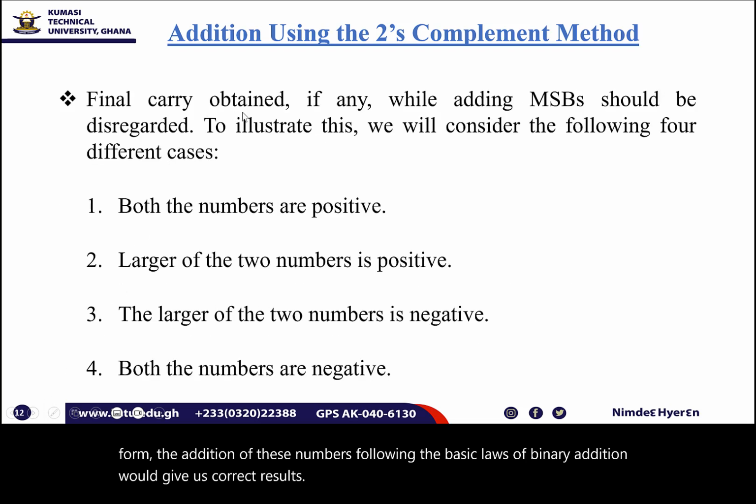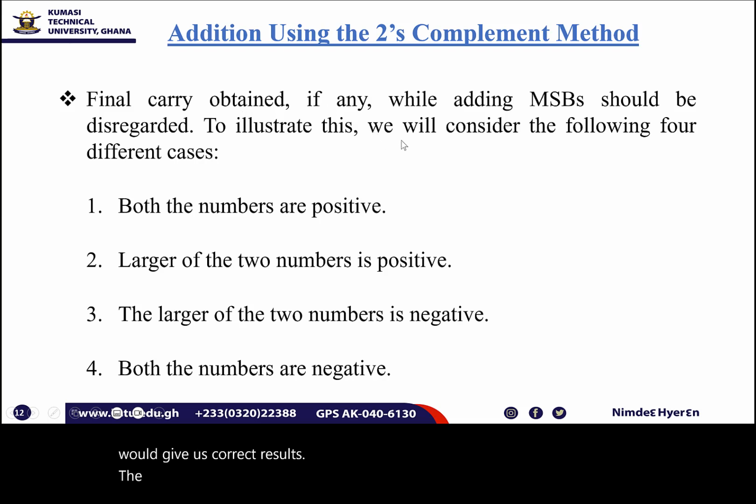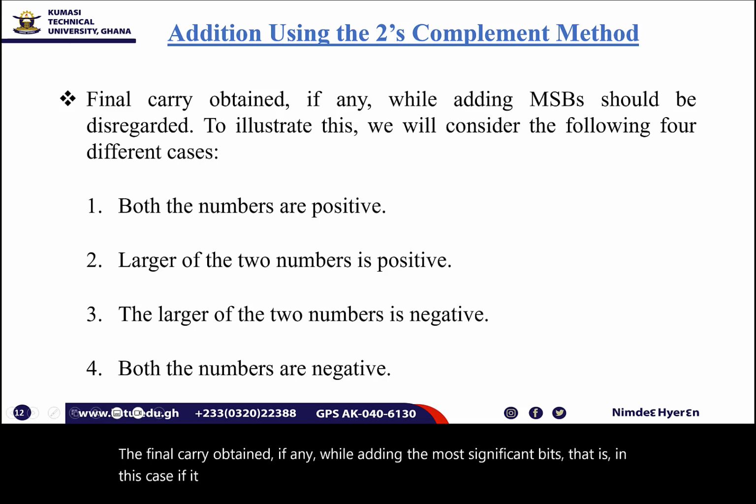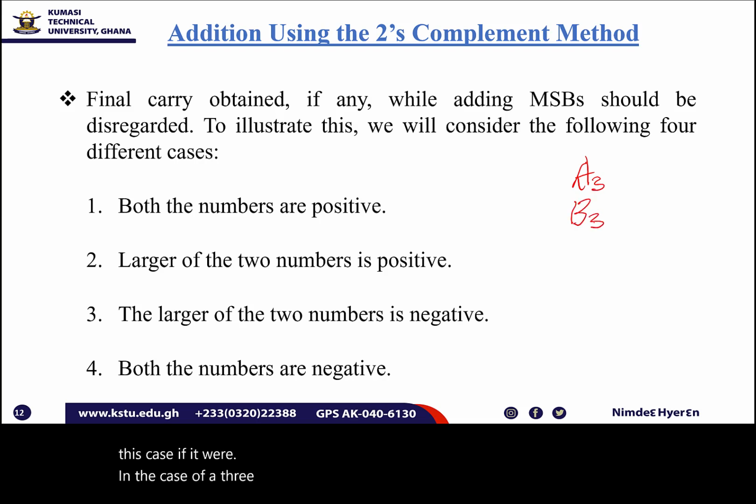The final carry obtained, if any, while adding the most significant bits, in this case A3 and B3, if we get the final output and there is a carry, say C3, we disregard that carry. This is normally thrown away. We don't use it.